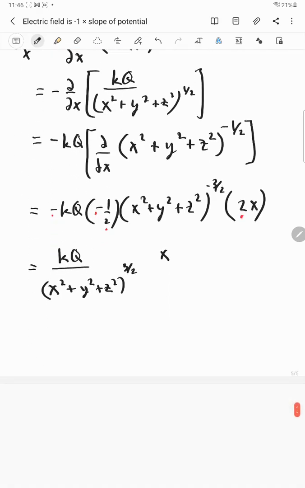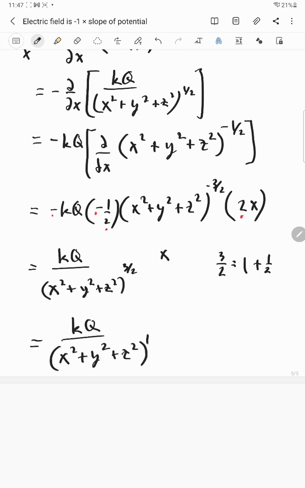But I'm going to go a step further. Remember that 3 over 2 is equal to 1 plus a half. So this is kq over x squared plus y squared plus z squared raised to the first power. That's the 1.